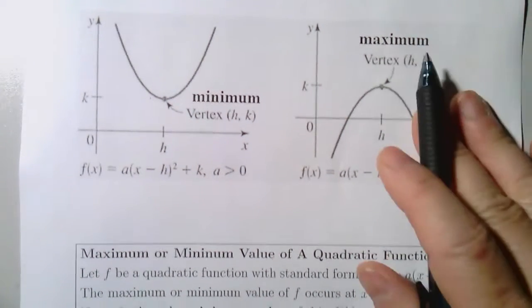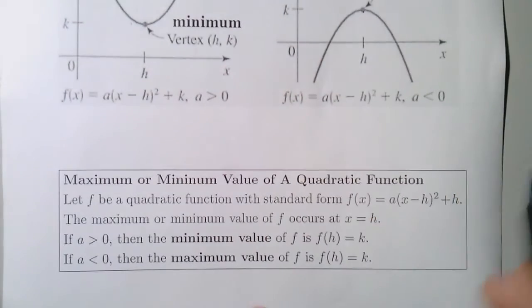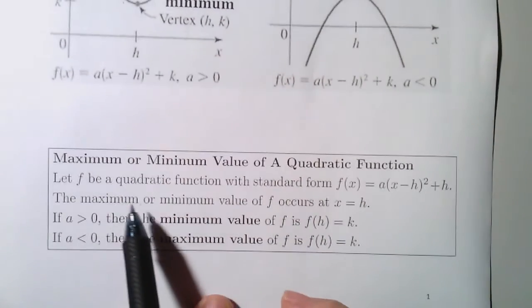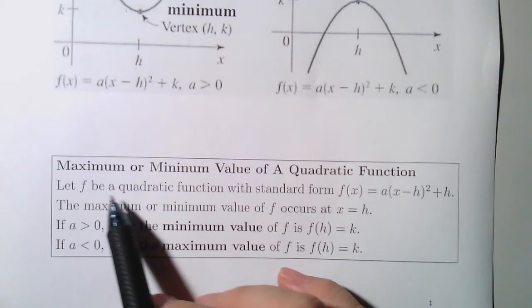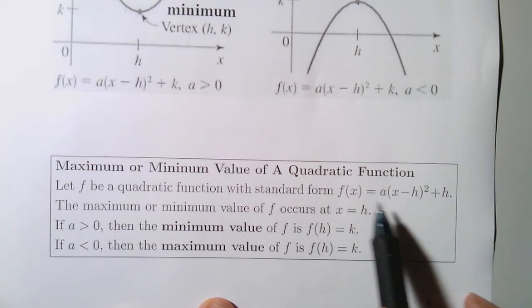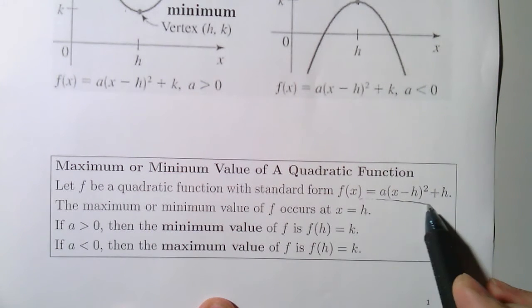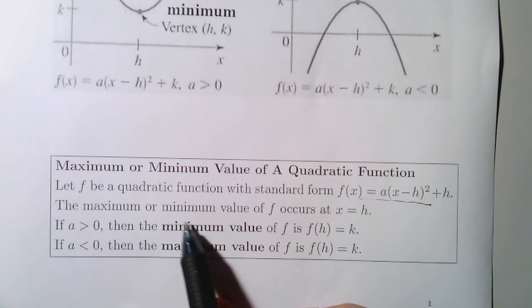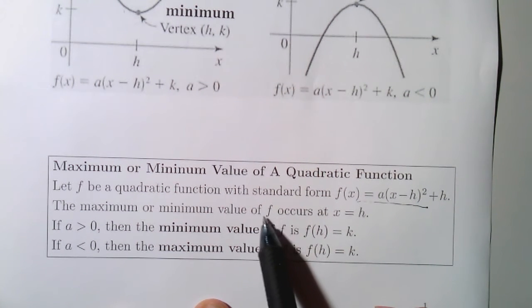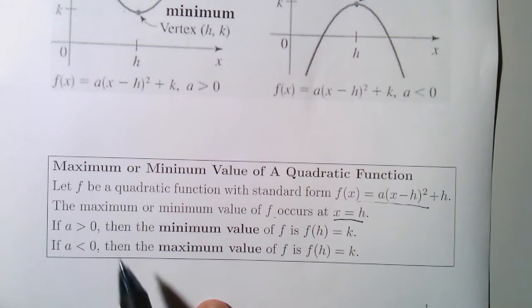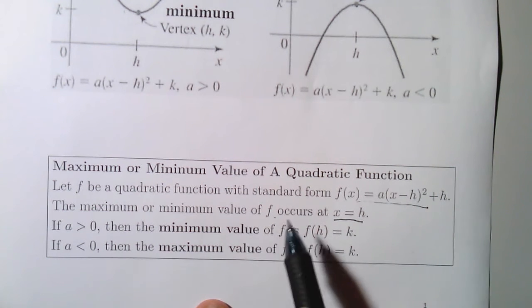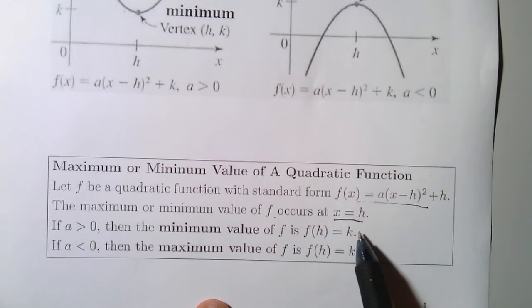So here we have summarized what we just talked about. Let f be a quadratic function in the standard form. The maximum or minimum value of f occurs at x equal to h. If a is greater than 0, the function has a minimum.